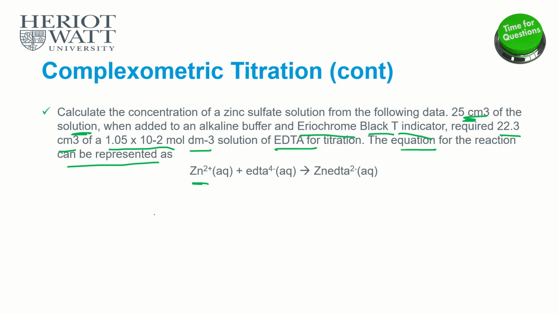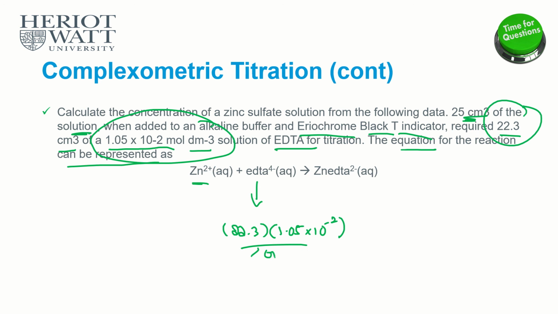Okay, and from whatever is given in the question, what do we have? We have the volume of the EDTA and the concentration of the EDTA. So from here, I can calculate the mole. 22.3 multiplied with 1.05 times 10 to the power of -2. So that's the concentration times volume. Divide by 1000, I can get the mole.